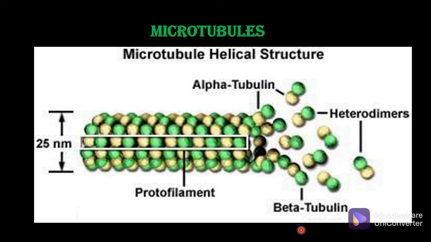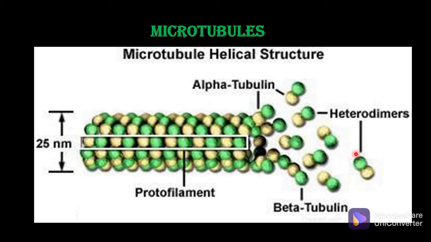Now let us see the structure of microtubule. In this structure you can see that the microtubule helical structure is shown. As we have said earlier, microtubules are hollow cylinders. They are made up of repeating protein structure, especially dimers of alpha and beta tubulin.